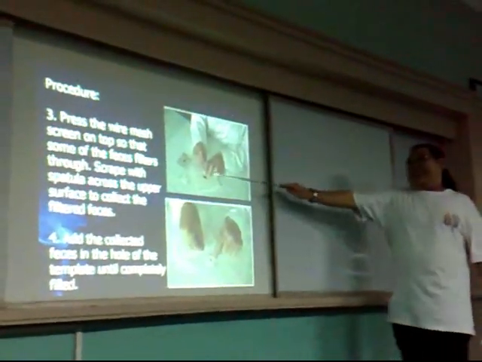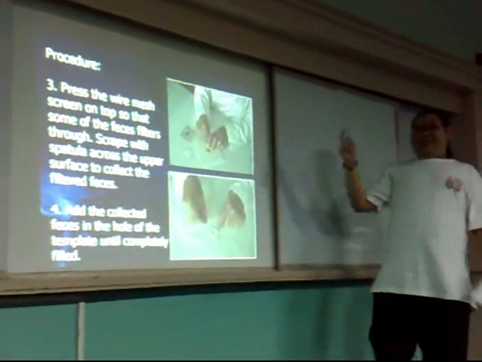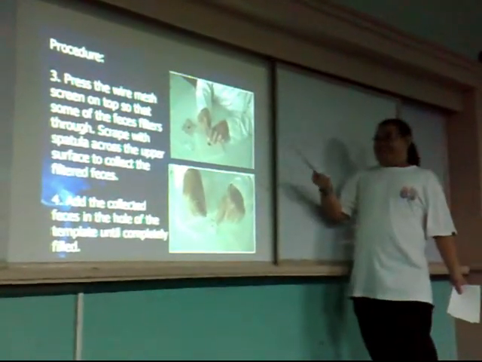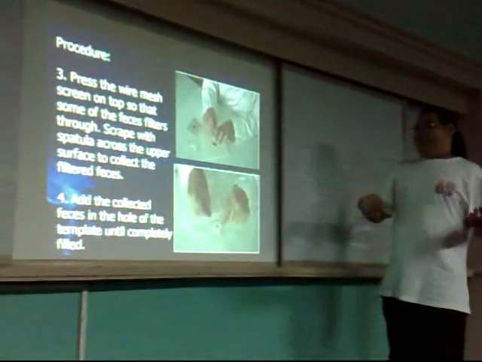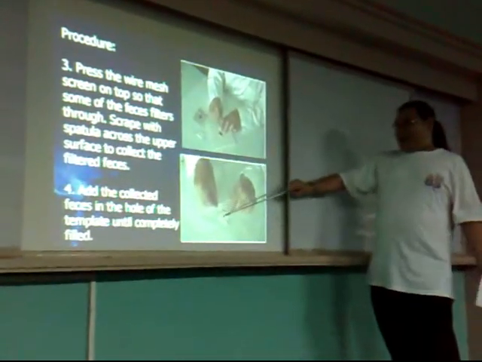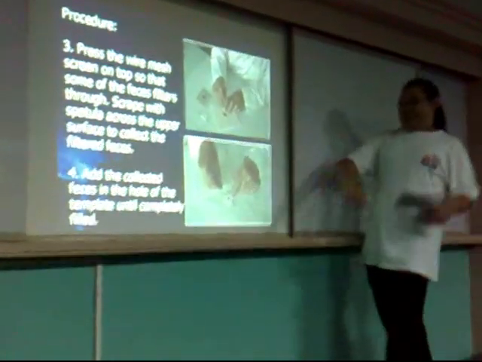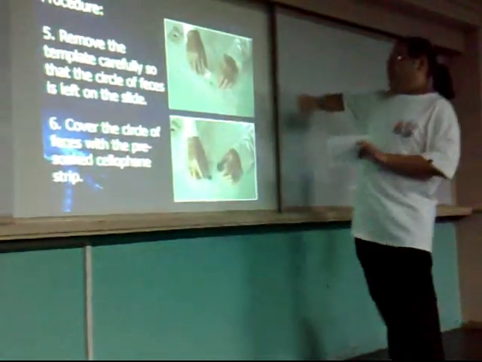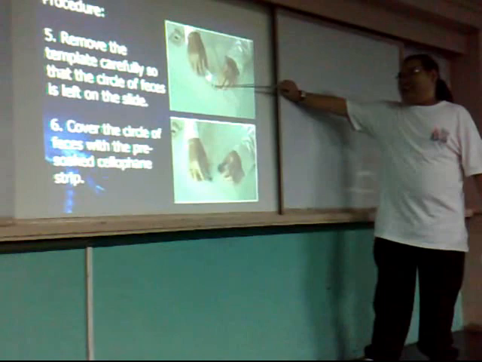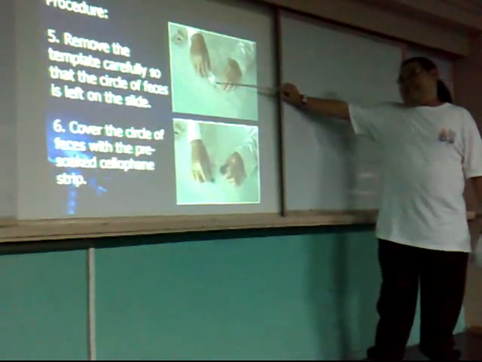Once you have the feces on the spatula, you place that in the center of the hole until completely filled. Then you remove the template carefully so that the column of feces is left on the slide, and cover it with a piece of cellophane.